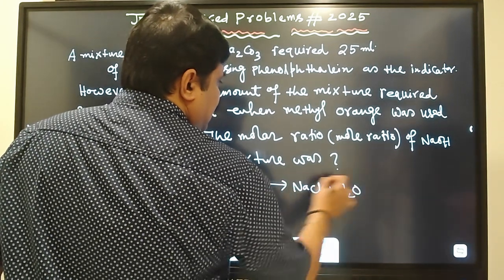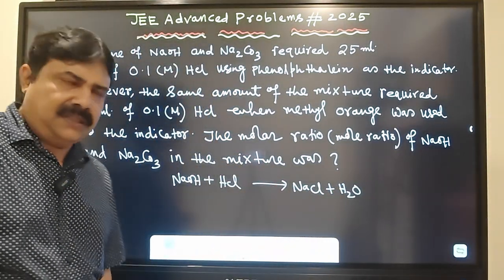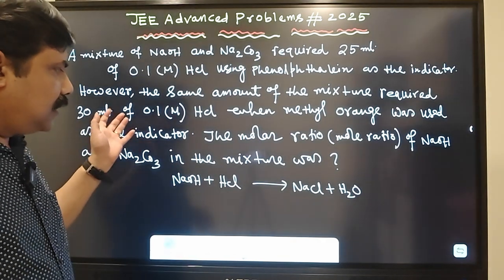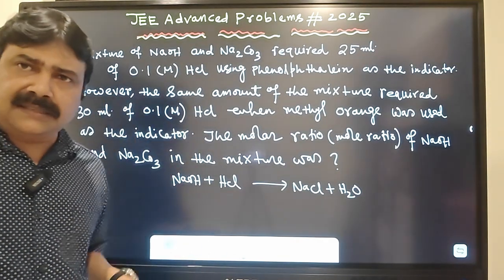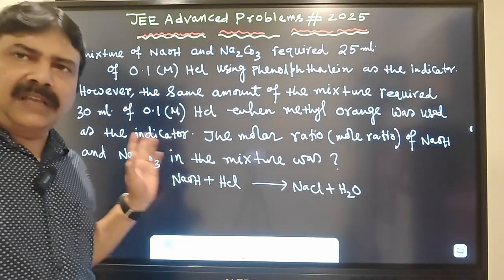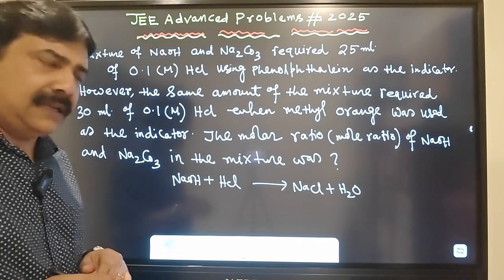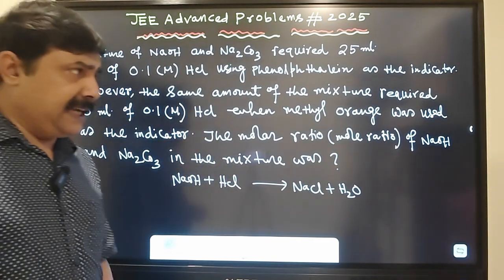Based on the situation, phenolphthalein will show the color change. Suppose you add the NaOH slowly into the HCl solution; when the medium becomes basic, the color will change from colorless to pink.